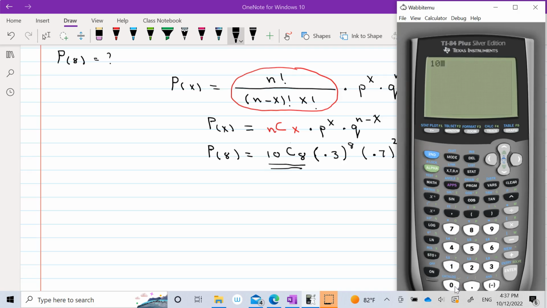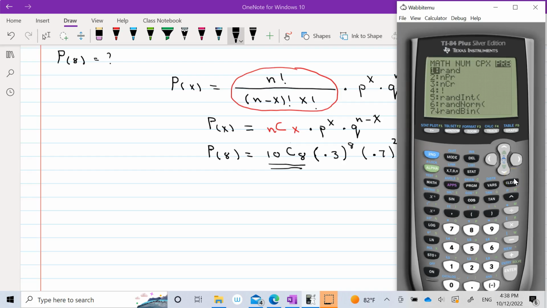After I punch 10, I'll go to Math, click on Math. Now move to the right with your arrow keys to PRB. Those of you using a scientific calculator have the nCr button somewhere in the function buttons.